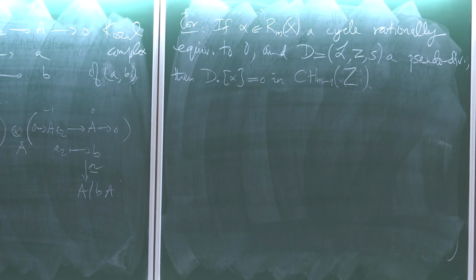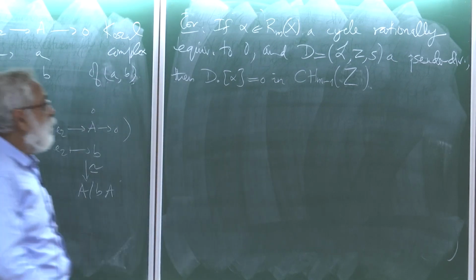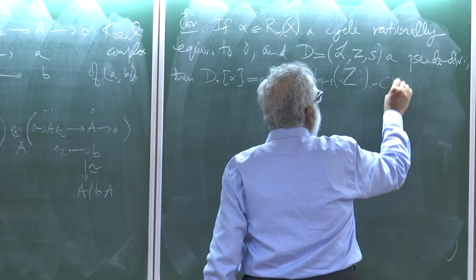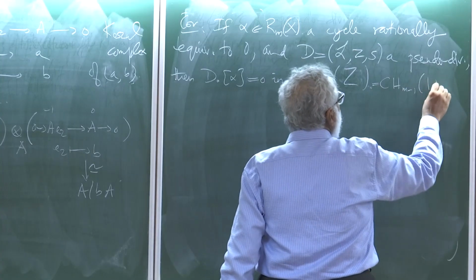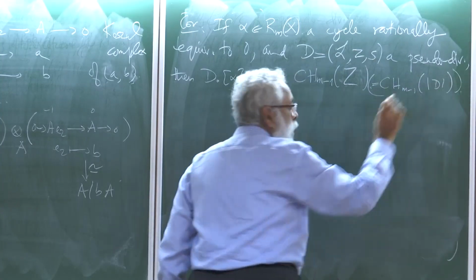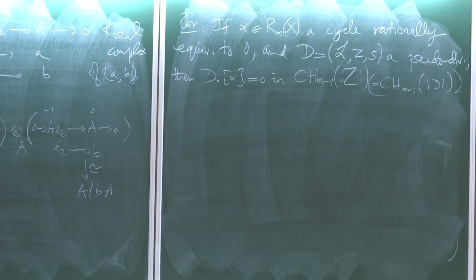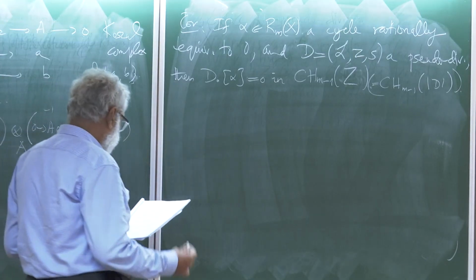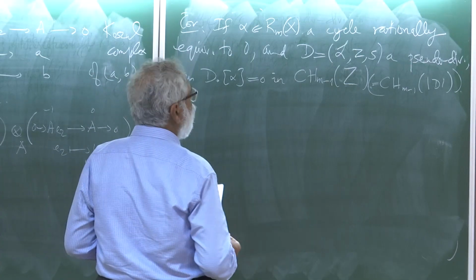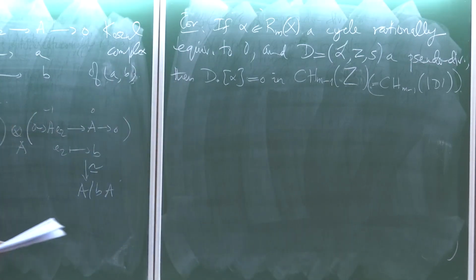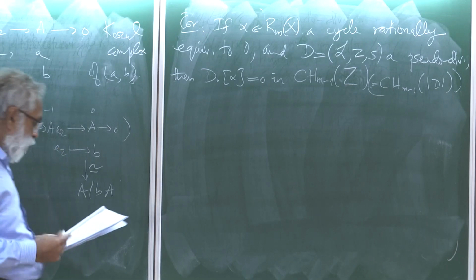I claim this is correct. This is the same as Chow m minus 1 of the support of this. Exactly, that's the point. But this is good enough for me for the moment.